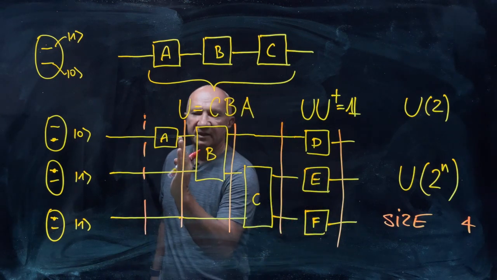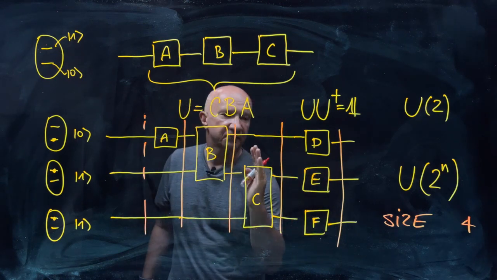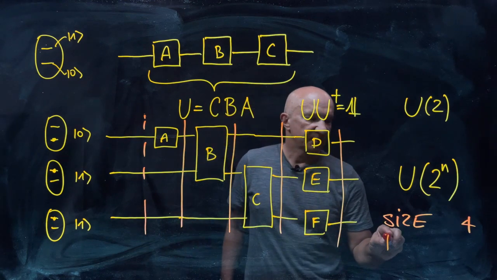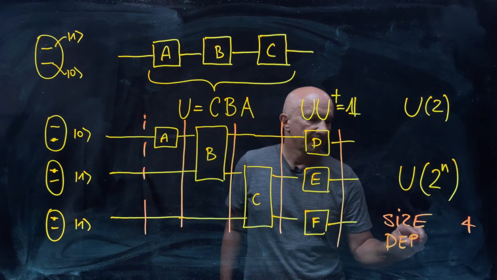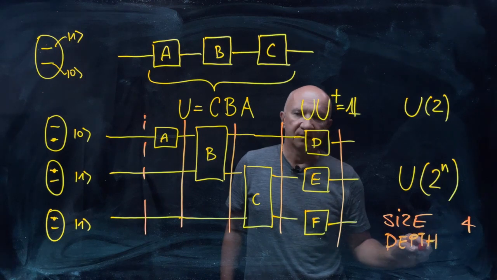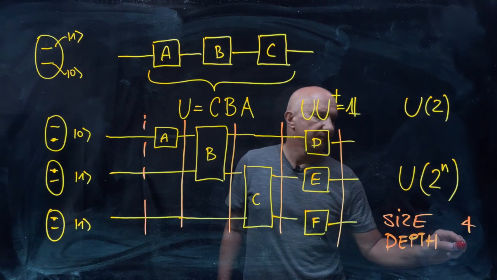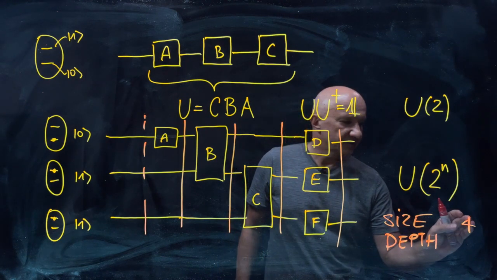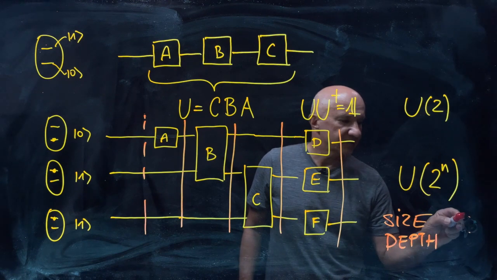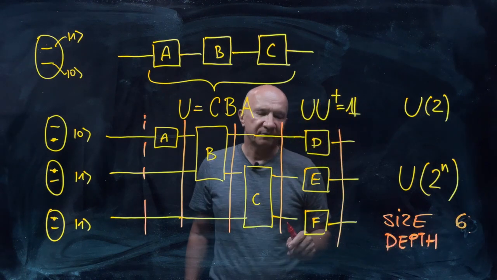In which case we have how many? 1, 2, 3, and 4. So the depth of this circuit is also 4. So the size of the circuit, I do apologize, is not 4 but 6, and the depth of the circuit is 4.